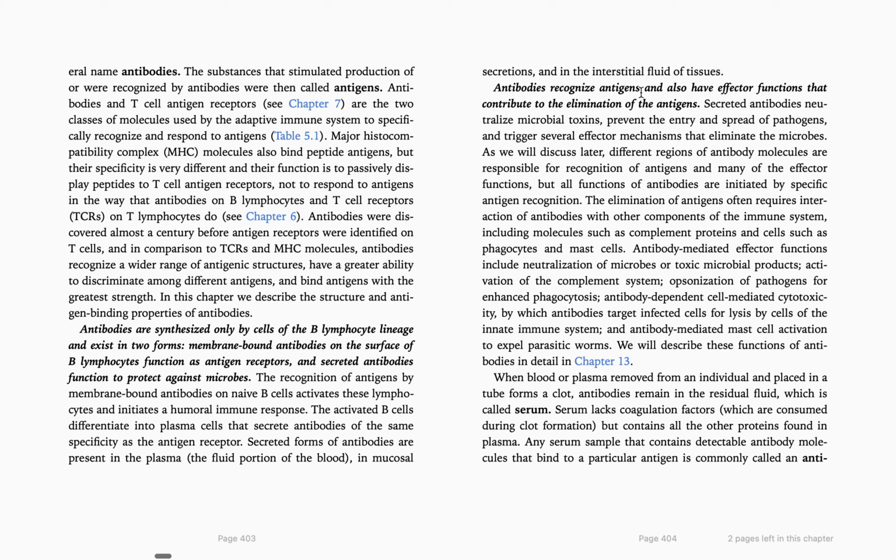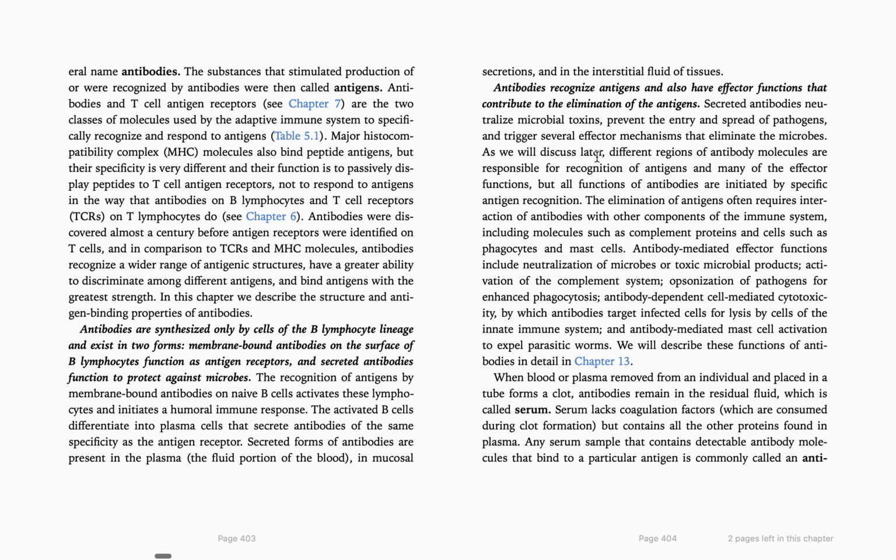Antibodies recognize antigen and also have effector functions that contribute to the elimination of antigen. Secreted antibodies neutralize microbial toxins, prevent the entry and the spread of pathogens, and trigger several effector mechanisms that eliminate the microbes.